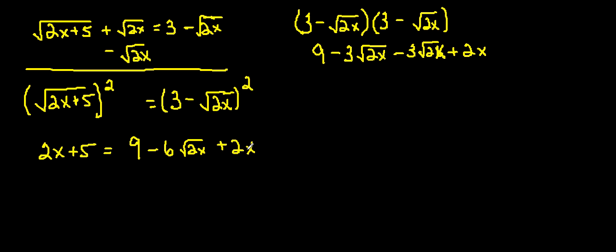Okay, as you can see, I've got this radical here again, so that's telling me I have to isolate this and solve for x then. So that means the 9 and the 2x have to go. So for starters, let's subtract 9 and subtract 2x to both sides.